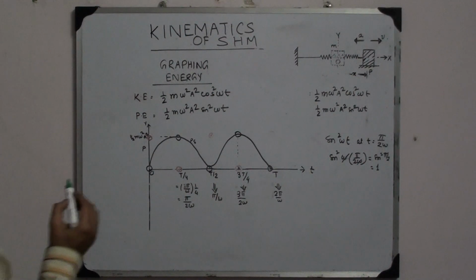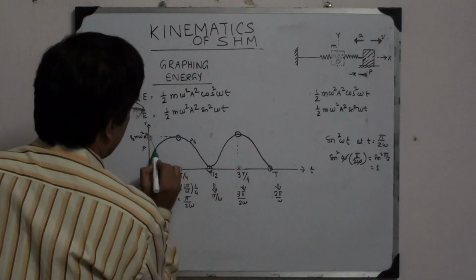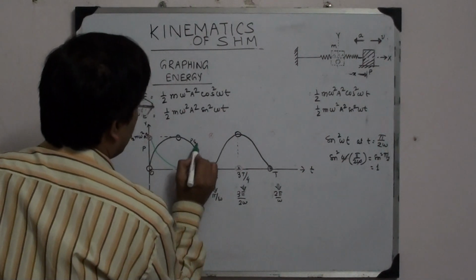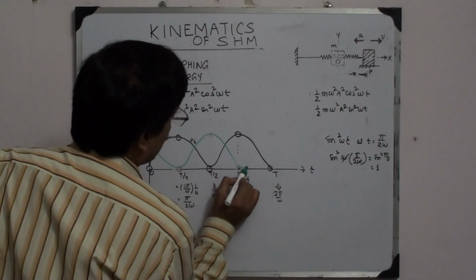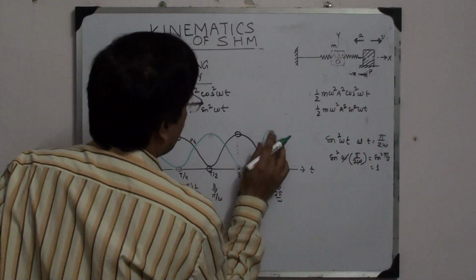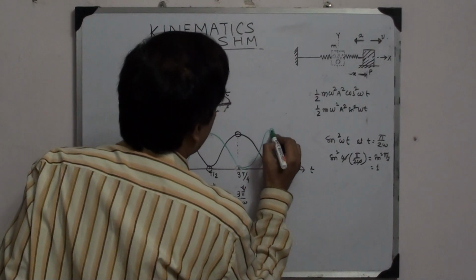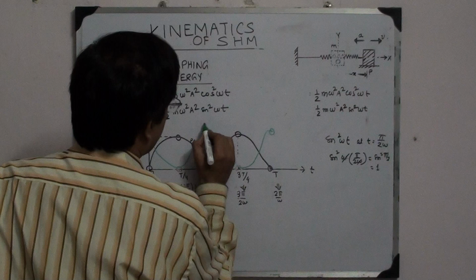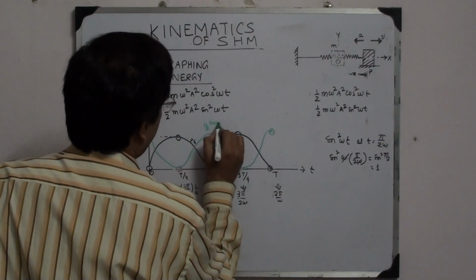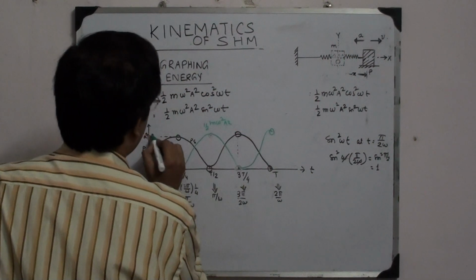We connect these dots. All these peak positions correspond to half m omega square a square.